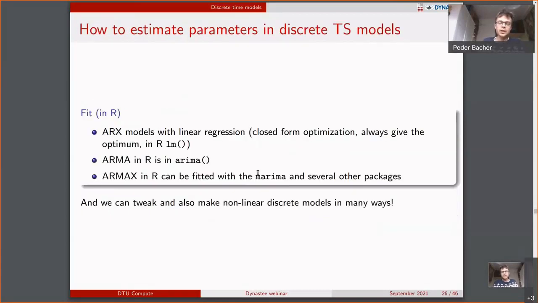Right. So if we want to fit the ARX models, the ones without the MA part, we can just use LM or linear regression. It's just a linear regression model, so it's a closed form optimization. We just multiply some matrices. We always get the optimal parameters, the least squares parameters.